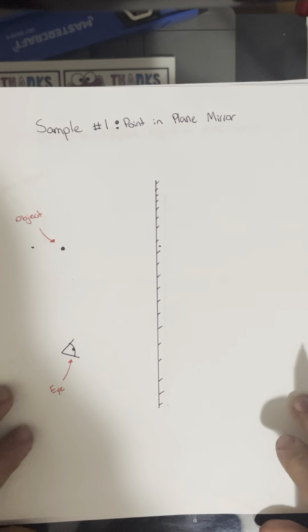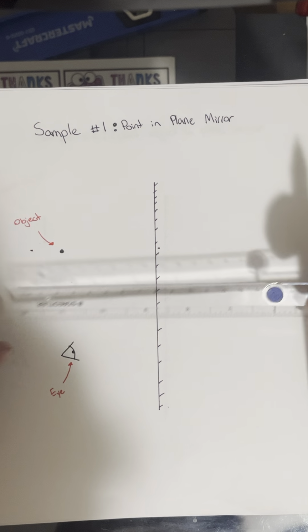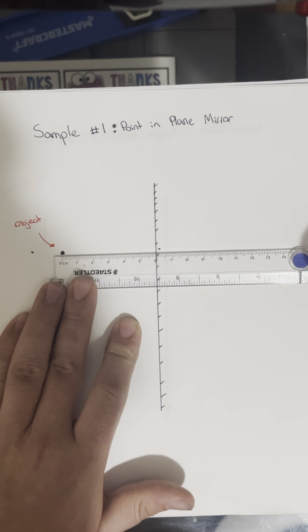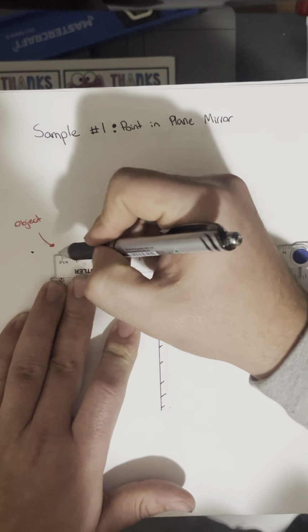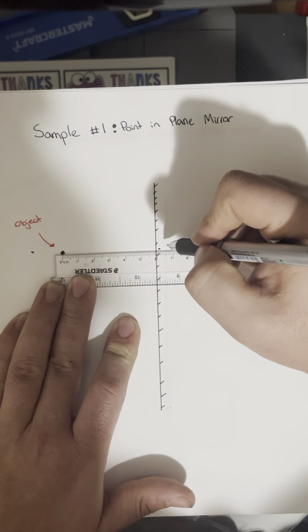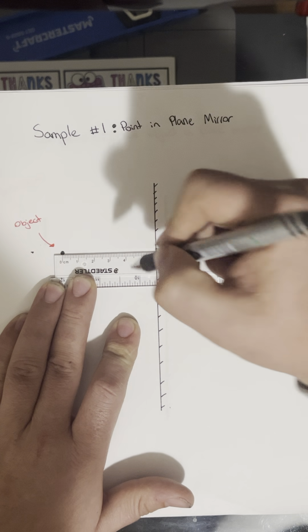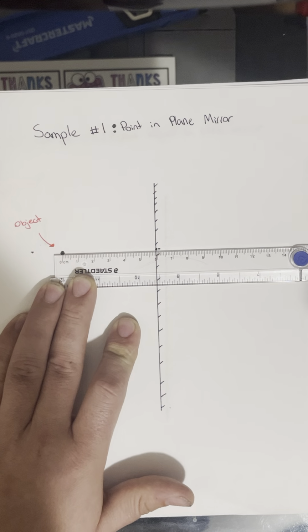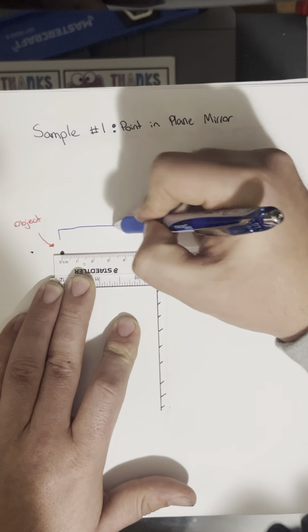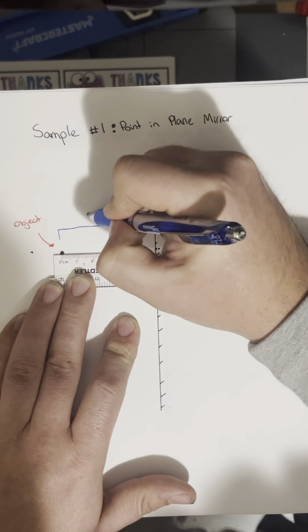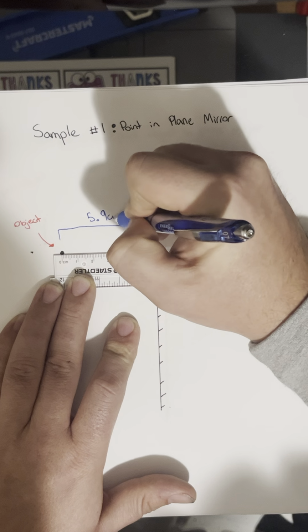Now I can measure the distance from that object to the mirror itself. Right where my point is, I can see that it is 5.9 centimeters to the mirror. So this distance here is going to be 5.9 centimeters.